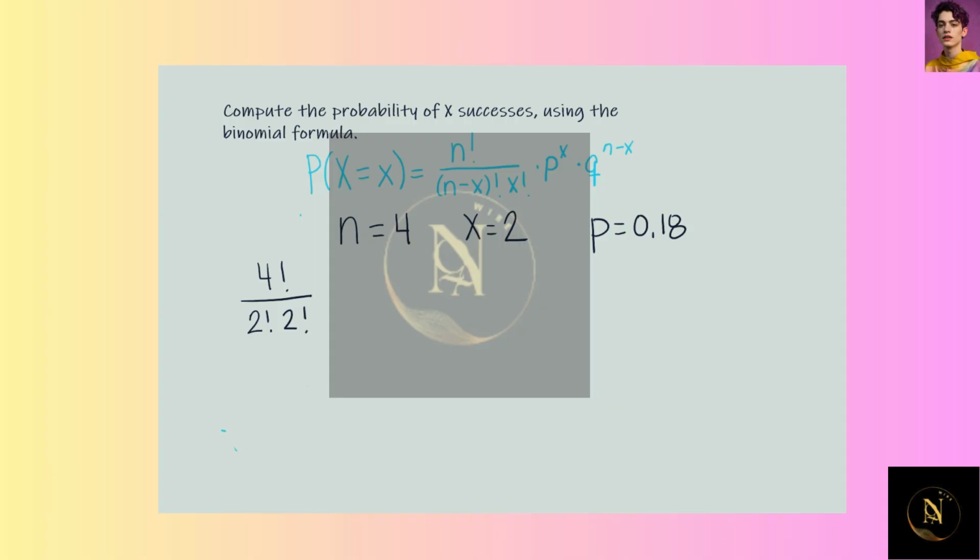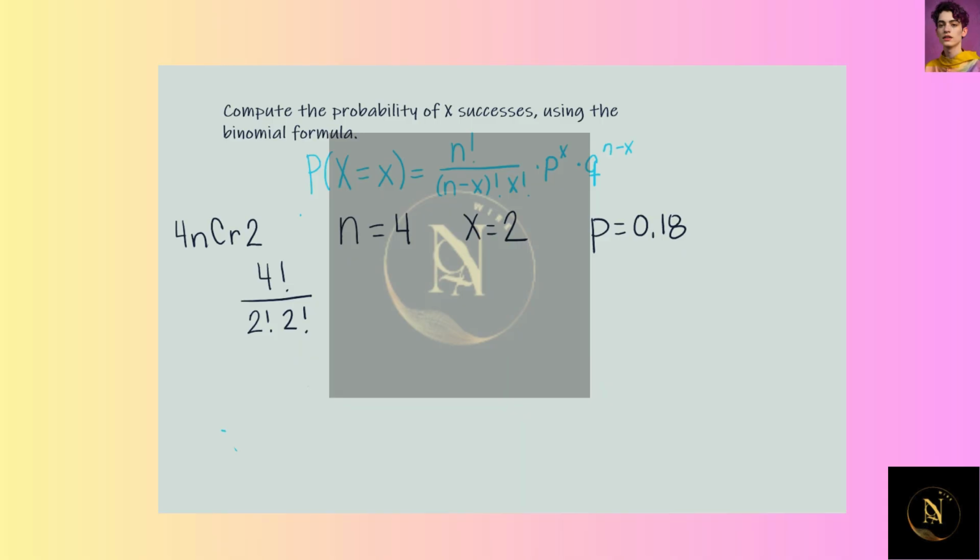So this could also be determined in your calculator by doing 4 nCr 2. You can find the combination button by hitting math on your calculator, going over to PRB and scrolling down to number 3, or where you see nCr.